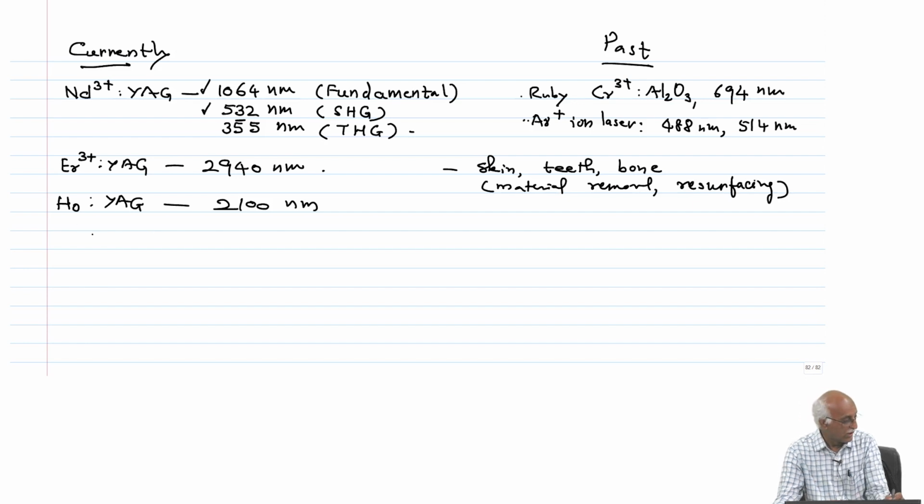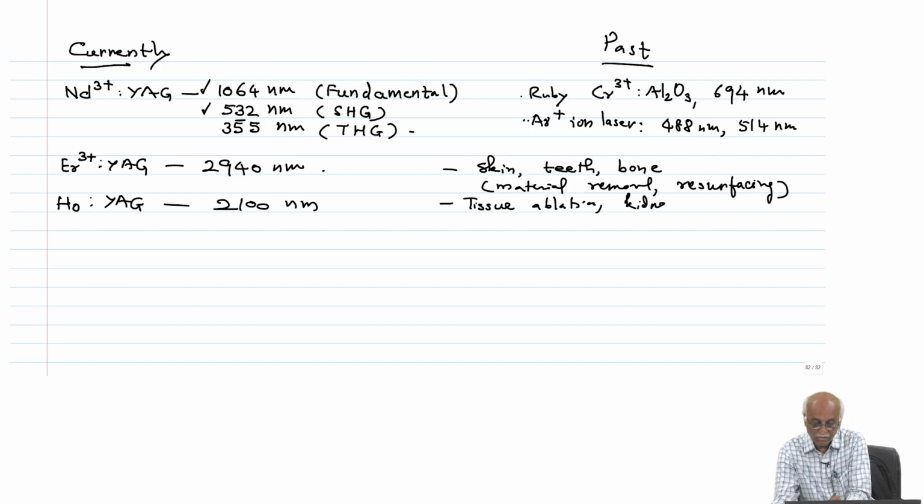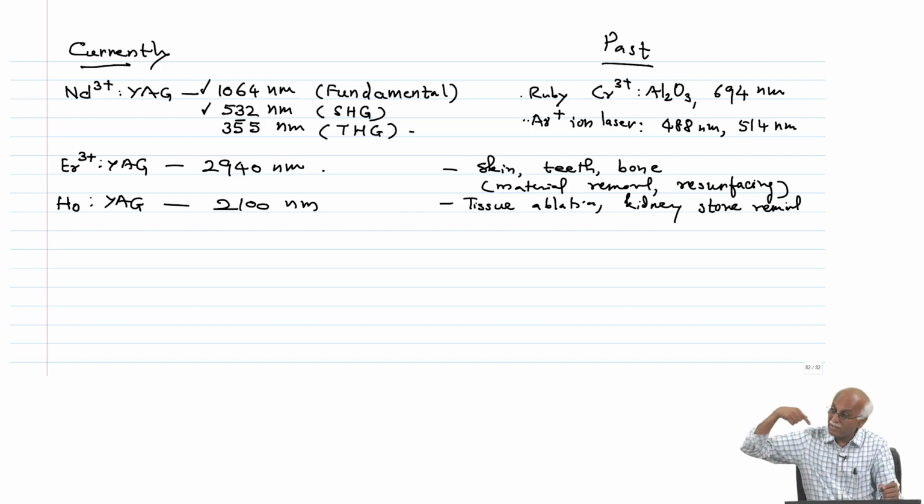Holmium YAG is basically related to tissue ablation, nothing but material removal, such as kidney stone removal. Holmium YAG can be transmitted with the help of optical fiber, and it is possible to even remove a kidney stone.